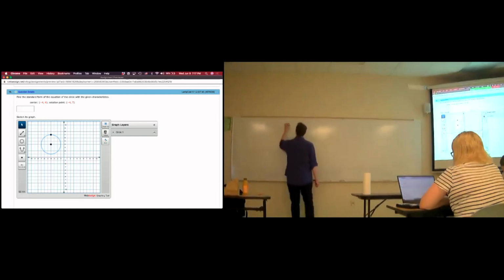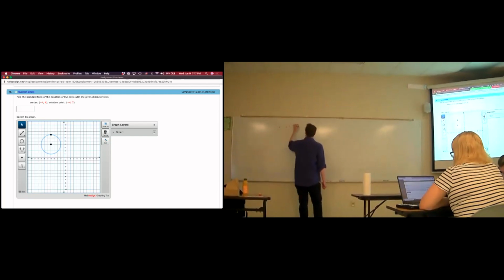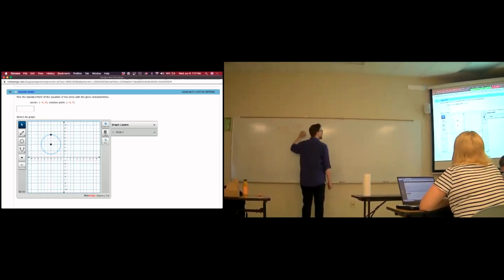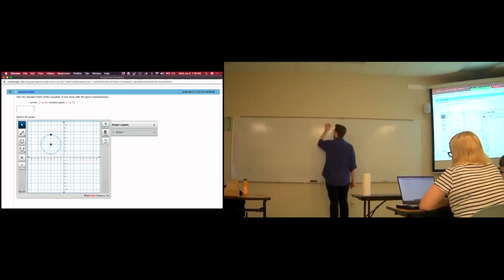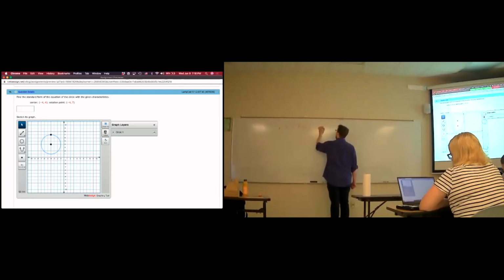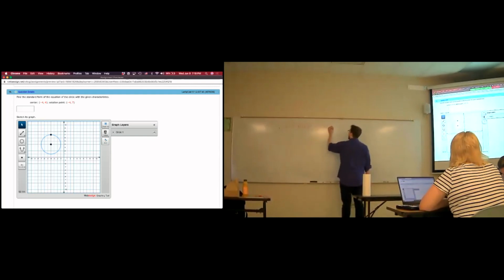So that's going to be the square root of negative 4 minus negative 4, that quantity squared, plus 4 minus 7, that quantity squared, which is going to be the square root of 0 plus 3 squared, well, negative 3 squared. Which is going to be the square root of 9, which is just 3, right?